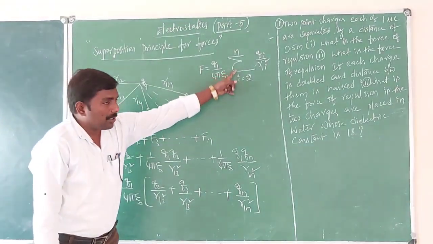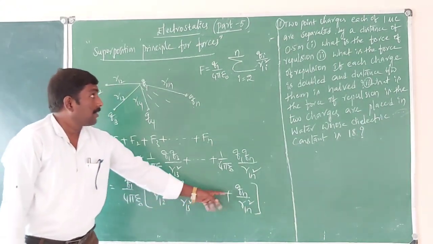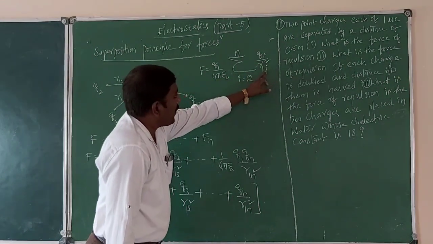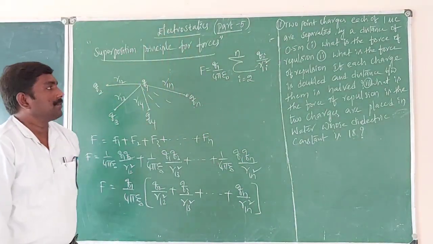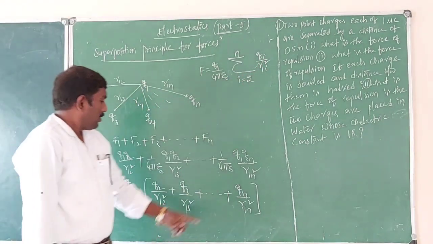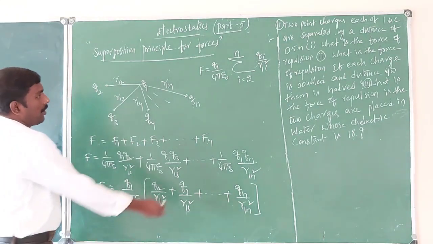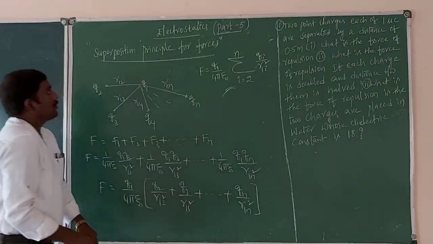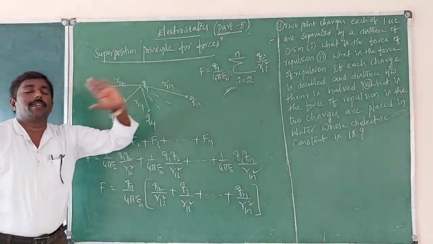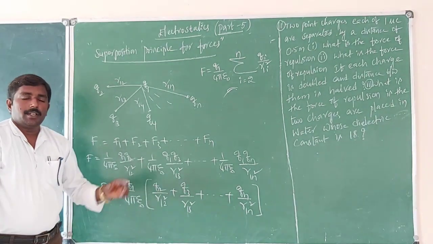To remove the summation, we write the terms with i instead as 2, 3, 4 and so on up to n. So this is the superposition principle for forces. Statement.